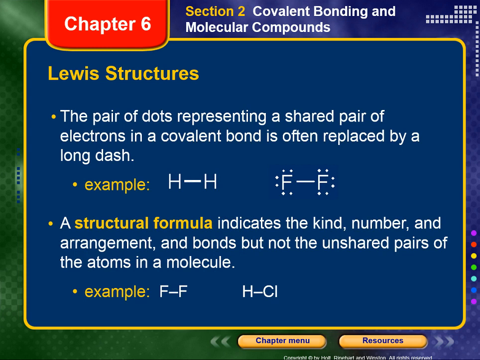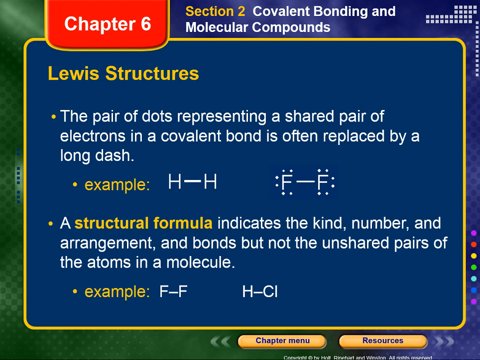These representations are all Lewis structures, formulas in which the atomic symbols represent nuclei and the inner shell electrons. Dot pairs or dashes between 2 atomic symbols represent electron pairs and covalent bonds, and dots adjacent to only one atomic symbol represent unshared electrons.